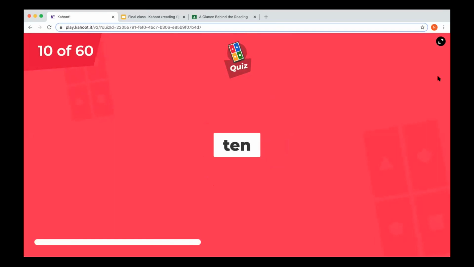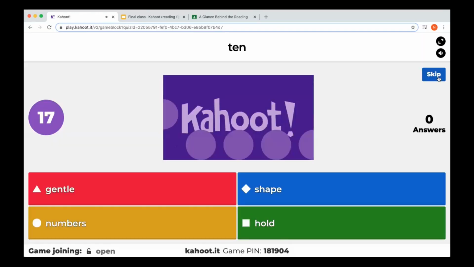Ten. Red is gentle, blue is shape, yellow is numbers, and green is hold.